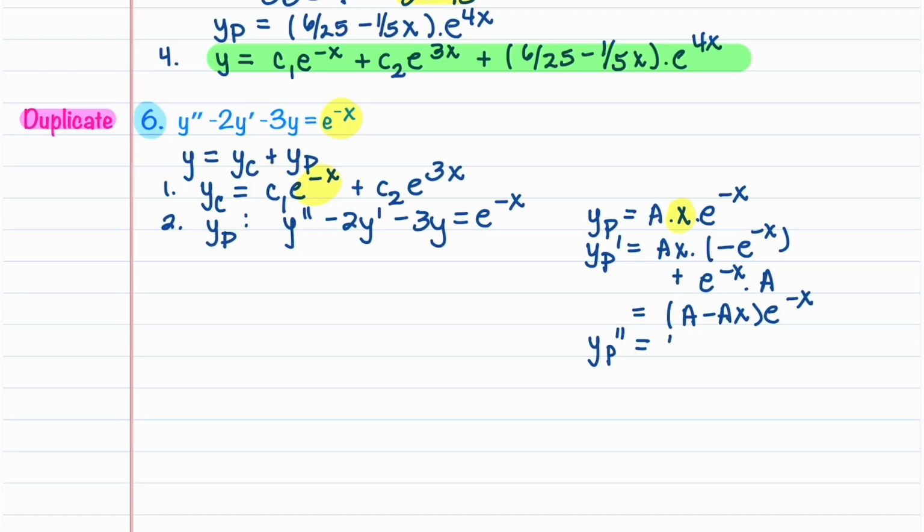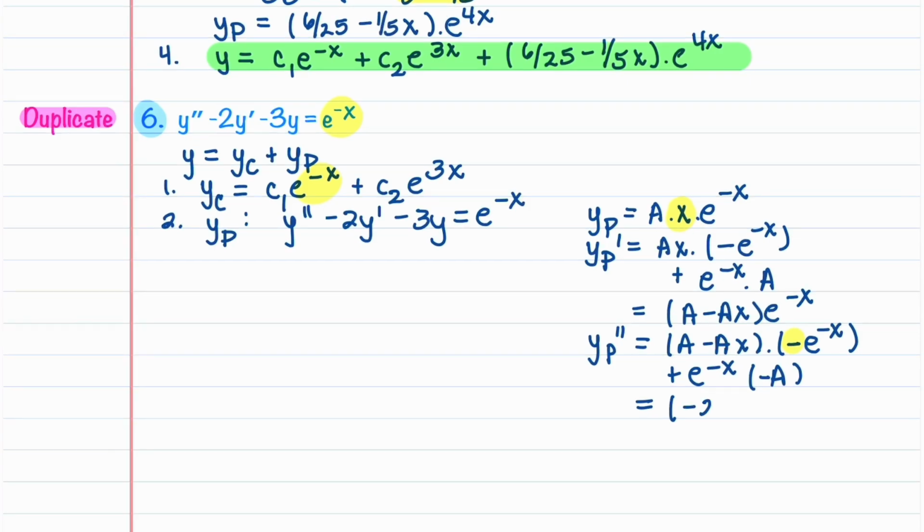We're going to have the first, a minus ax, times the derivative of the second, minus e to the minus x, plus our second, e to the minus x, times the derivative of the first, which is minus a. Let's see. This gives us, we can't forget about that negative right there, so we have minus a, so that's minus 2a, plus ax, e to the minus x. Let's highlight these so we can find them.